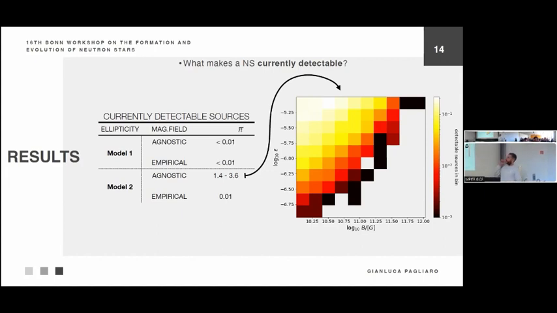The most favorable combination for current detectability is low magnetic fields and high ellipticity. As we move towards higher magnetic fields, we quickly must hope for the highest possible ellipticity values to be realized in nature in order to have a current detection.